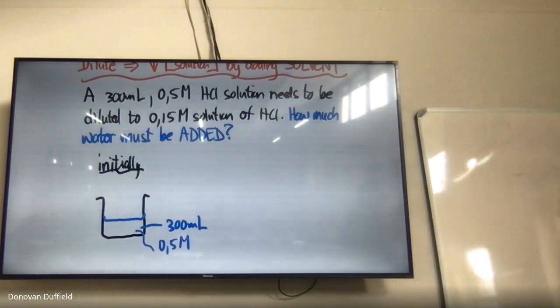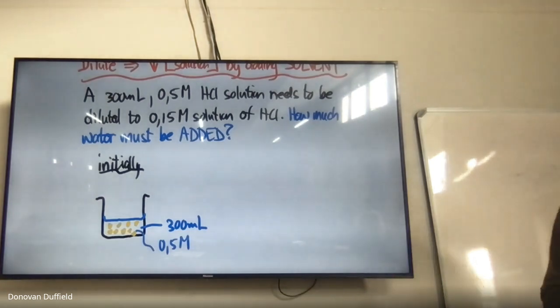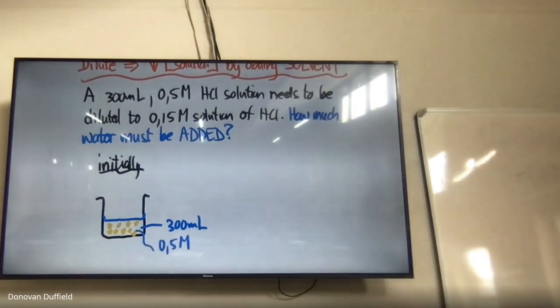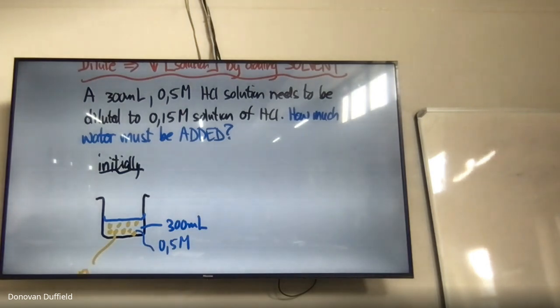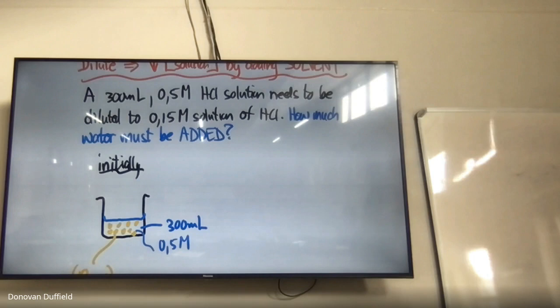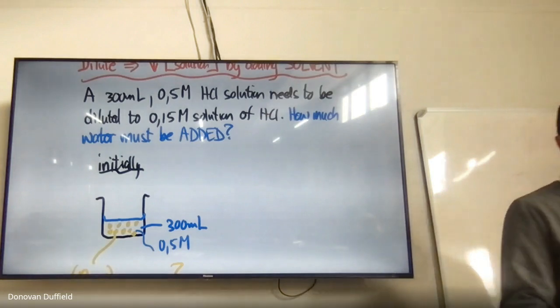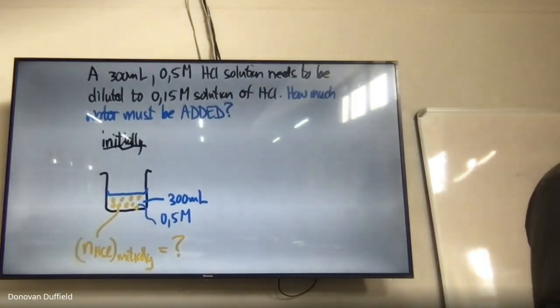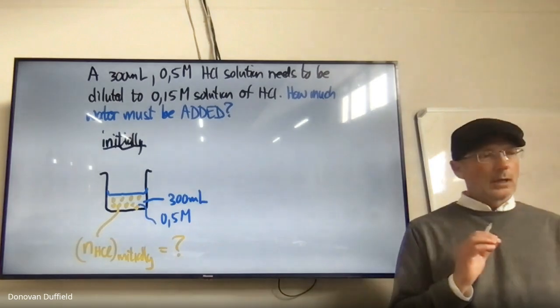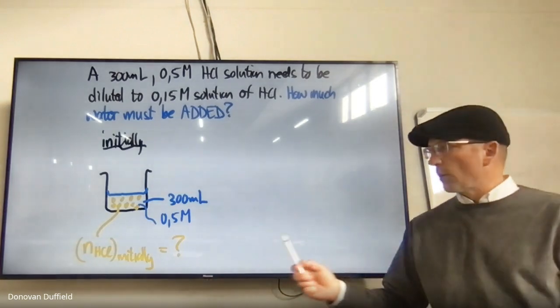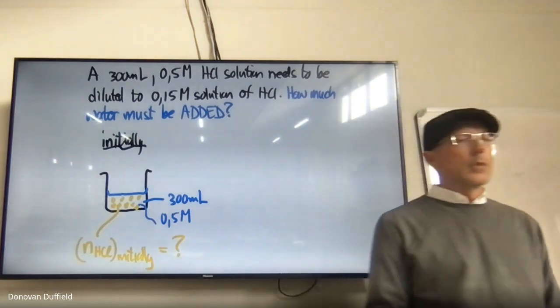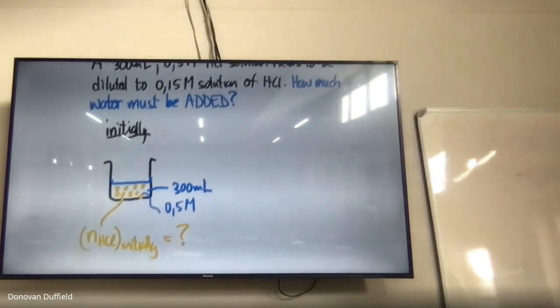So in this solution you have a certain number of moles of HCl, which we do not know. But we do know the concentration and the amount that we have. So my first thing I want you to do is work out how many moles of HCl are in that solution.